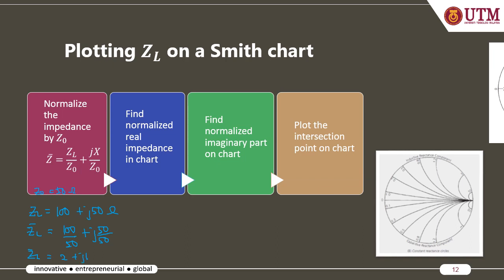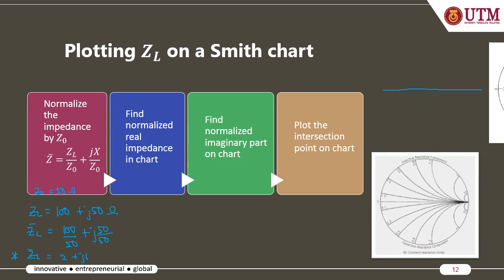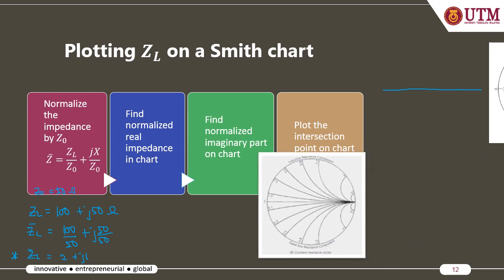Next, once you have this value, you find the real impedance part on the chart. Along the lines, find where the normalized real part equals 2. For example, it is here. This is the line for 2. The next step is to find the normalized imaginary part.